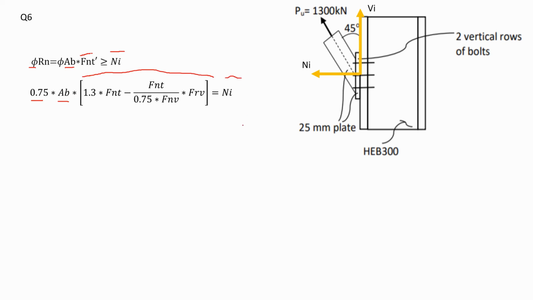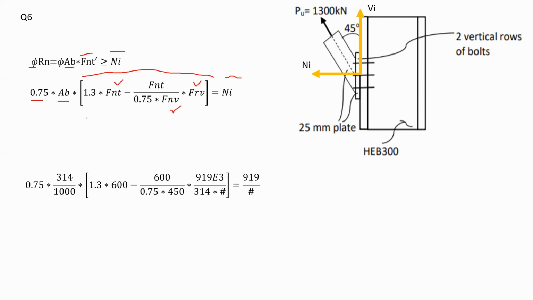So as I was saying before, this capacity should be bigger than NI, the tensile force that is applied on the bolts. Now, previously we have found FNT and we have found FRV and FNV. I can substitute everything in my equation in here. So that's the area of the bolt. I divide by 1,000 for conversion to kilonewtons. What else I have?